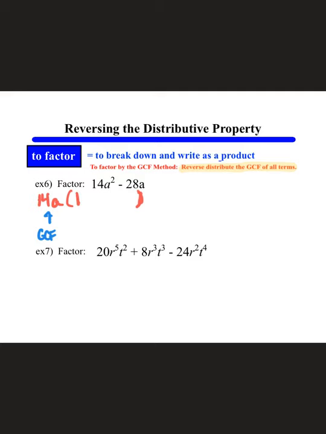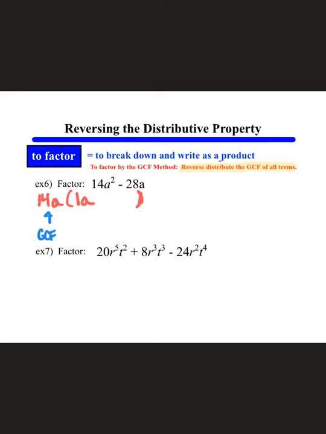And I had a squared, but I ended up with just a coming outside. So I want to know a times what would get me back to a squared. Well, that would have to be a. There's our first part of the GCF being factored out. When I take 14a out of 14a squared, I'm left with 1a.